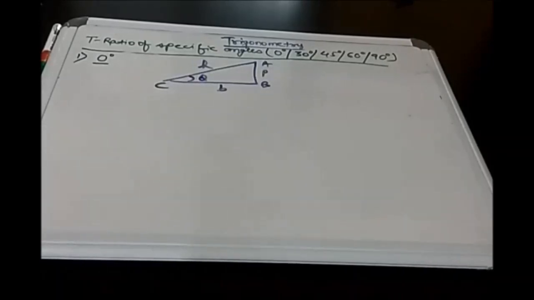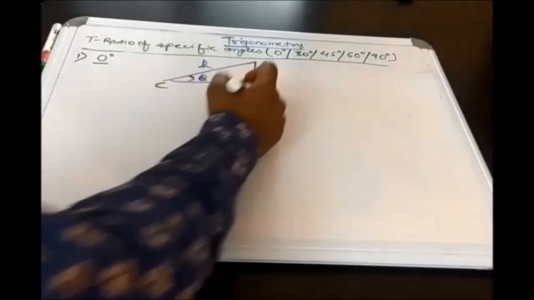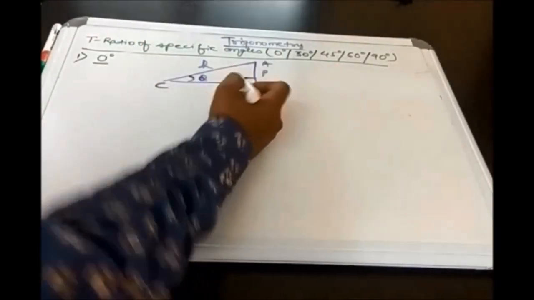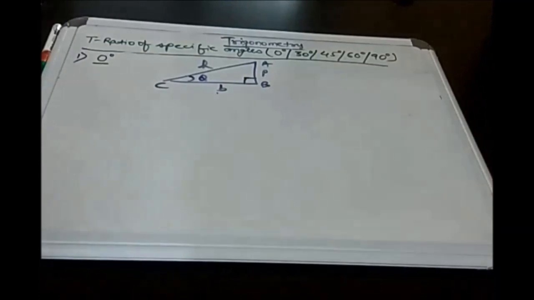And how to mark P? For the angle whose trigonometric ratio you are trying to find, the side opposite to it will always be the perpendicular, that is P. The other side containing the right angle will be B, and the third side will naturally be H, the hypotenuse.